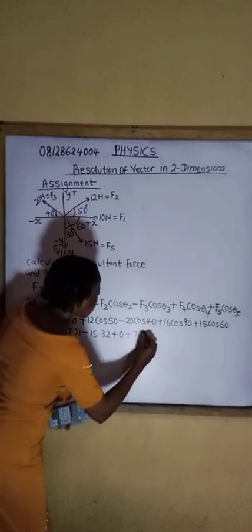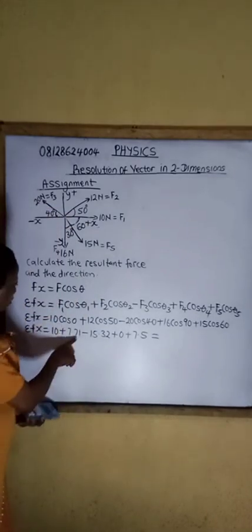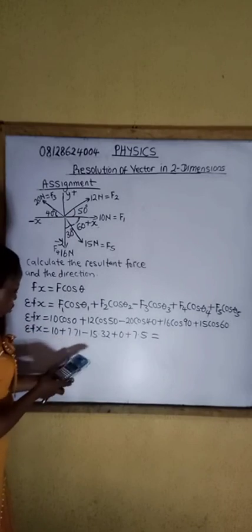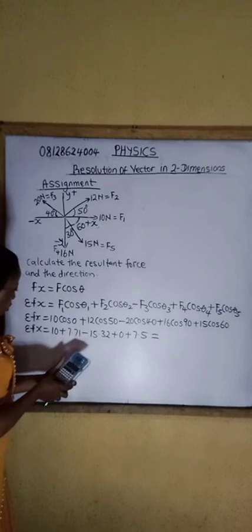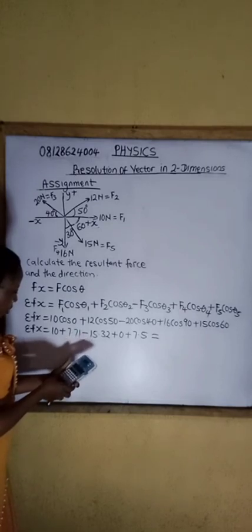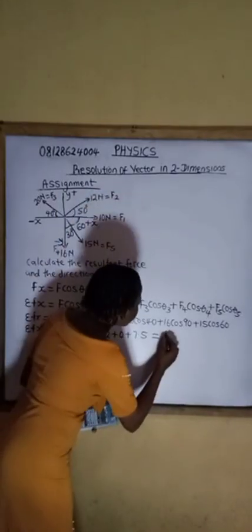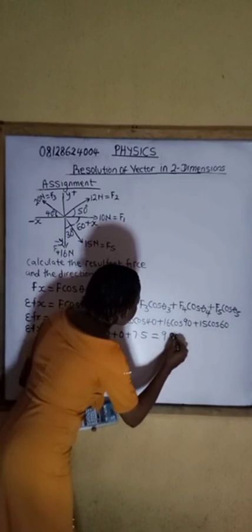This one will give us 17.71. 17.71 plus 7.5, then minus 15.32 equal to 9.89.